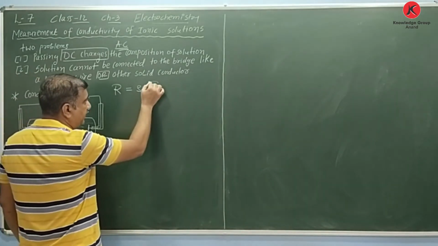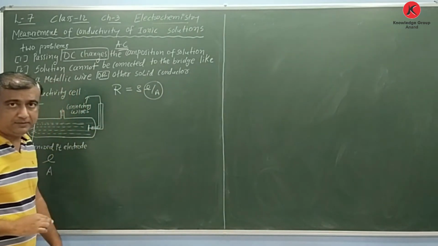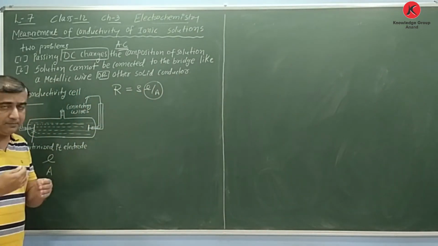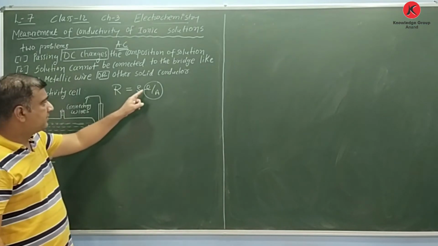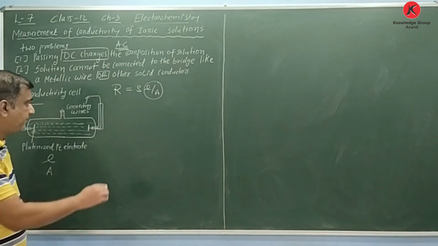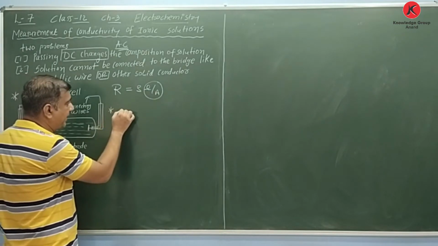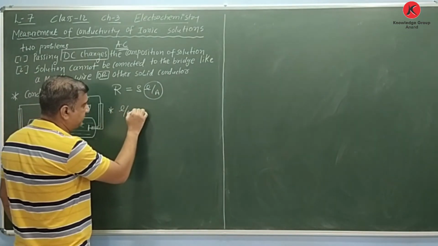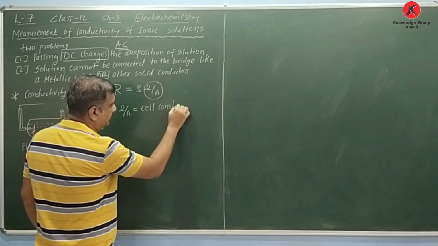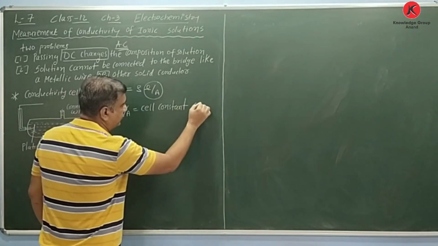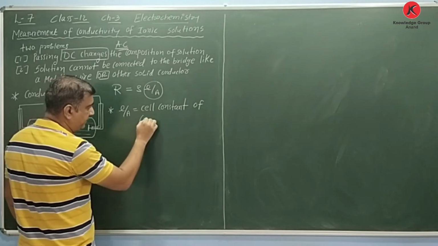Now here L and A are variable depending upon the type of conductivity cell, so this value will change. Here L by A is defined as the cell constant. It is known as the cell constant of the conductivity cell.